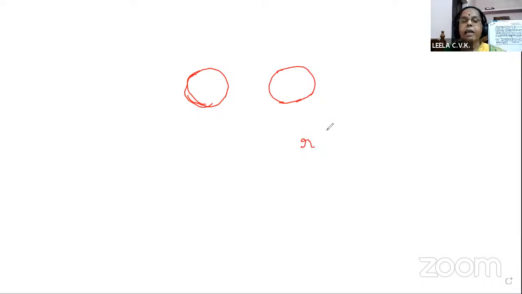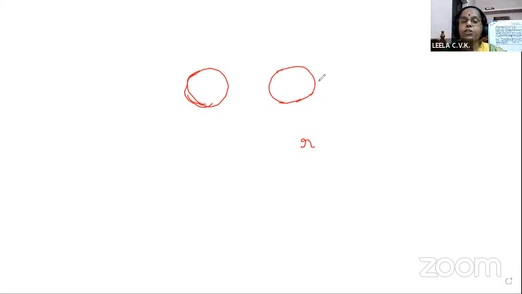No height, nothing. So what about the curved surface area? Curved surface area, base area, total surface area, everything, only one is there. So in the case of sphere, only one area. We need not show something like base area, vertical surface area.